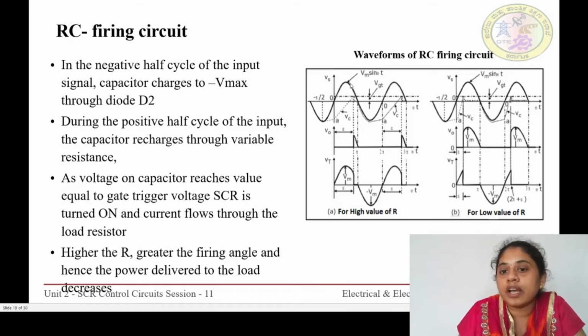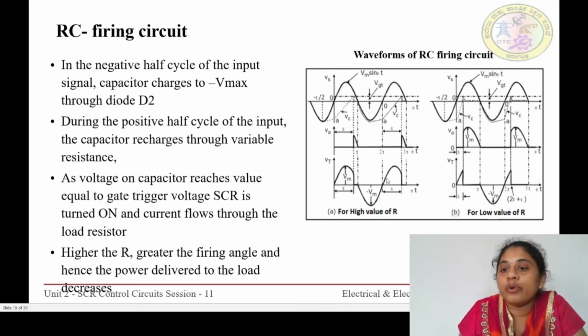In the positive half cycle of the supply, the voltage across the capacitor starts recharging, and once it reaches the threshold gate voltage, the SCR turns on. Once the SCR turns on, voltage across the load will be equal to the supply voltage. And also at the turn on time, voltage across the thyristor will be 0 volts.